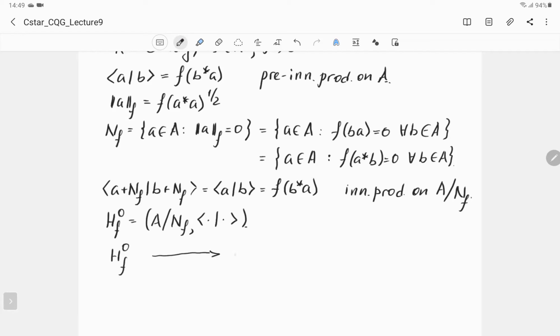We denote this representation by pi_f^0. So the respective operator, pi_f^0 of a, is just the left multiplication by a. So this operator acts by the following formula.